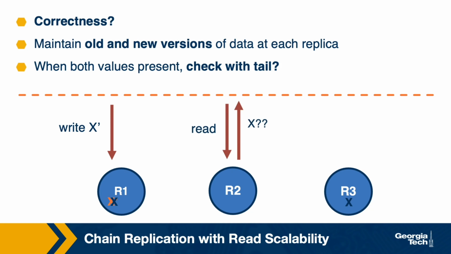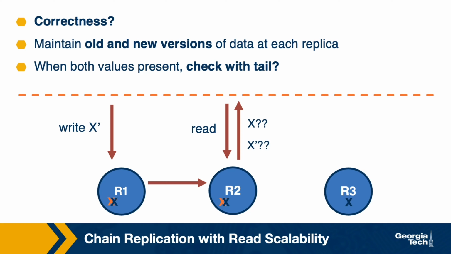And at that same time, there is a read request that appears at replica 2. Now, the value of the state at R2 is still x. R2 has not yet seen the update to x. So the only possible value that R2 can return when it sees the read is the value x.